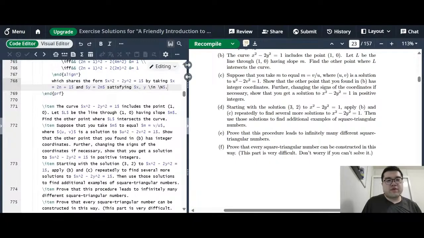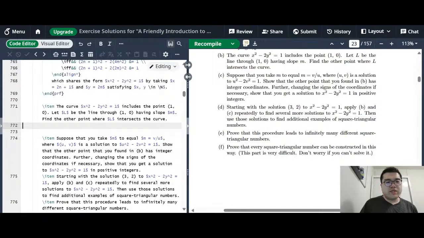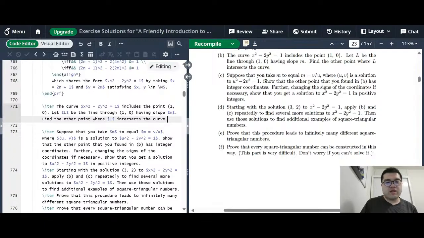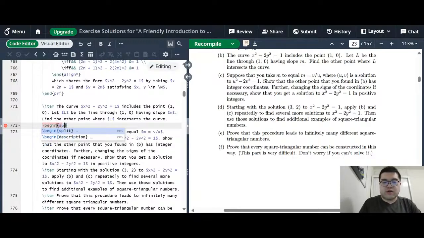Okay, so now we actually need to use the high school algebra tools to help us solve this equation. Now, once again, what does that mean? We have to write something like a beginning proof, or what is it? Oh, it's a solution.